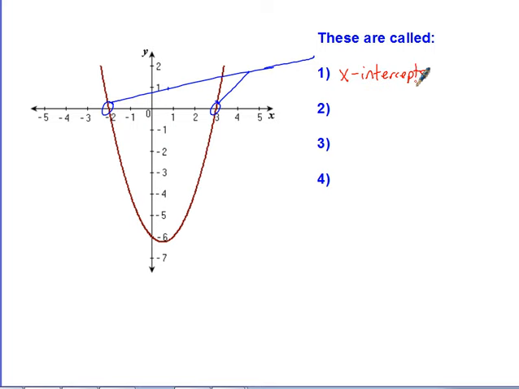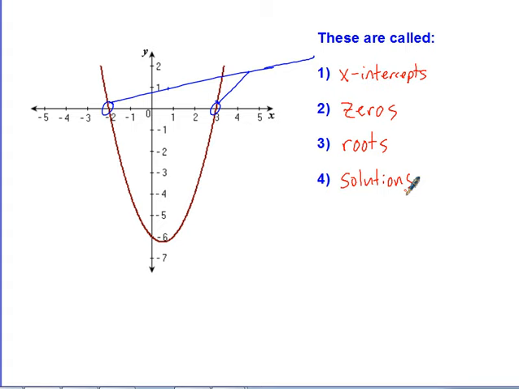So does anybody remember another name for them? They are called x-intercepts. They are also called zeros. They are also called roots. And they are also called solutions. Okay?